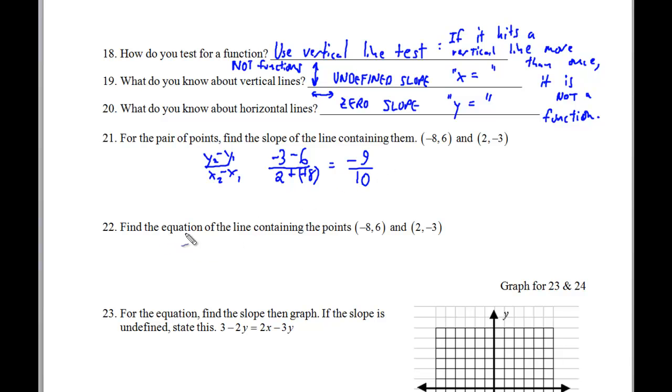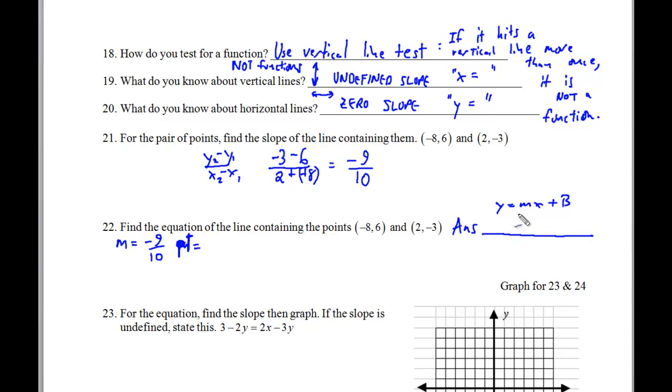Now it says find the equation of the line containing these 2 points. Now we know our slope from the previous problem, negative 9/10. So I'll choose one of my 2 points. I can choose either point to get me the y-intercept that I need, because my answer is going to have to be in some form of y equals mx plus b.